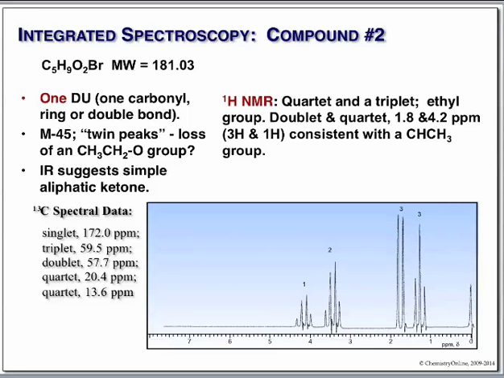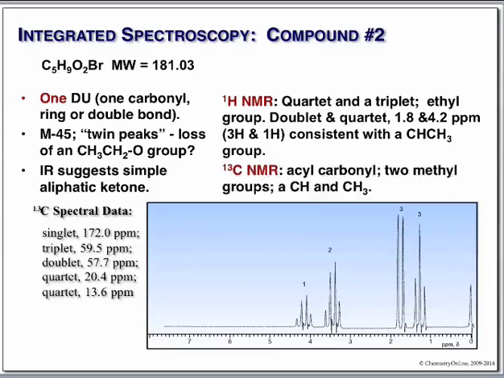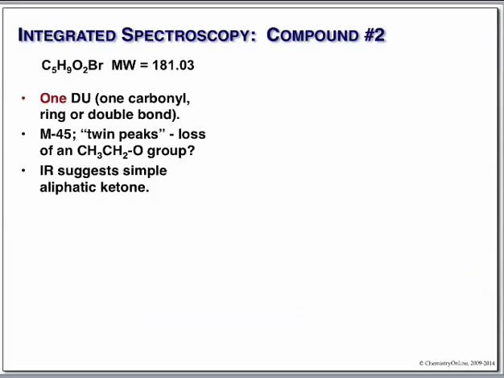So we're probably dealing with an ester, not a ketone. This is a CH2, CH, and 2 CH3s. Same thing we said from here. All right, so it's an acyl carbonyl. It's probably an ester of some sort.